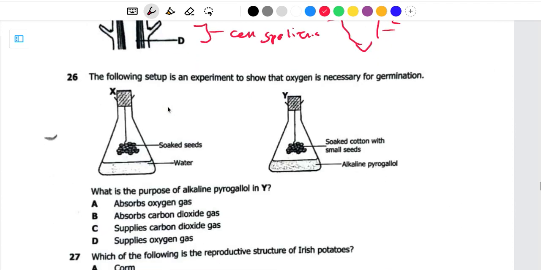Then question 26 is saying the following setup is an experiment to show that oxygen is necessary for germination. So we have X where the seeds are soaked, then we have water. Then at Y we have soaked cotton with small seeds. Then we have alkaline pyrogallol.